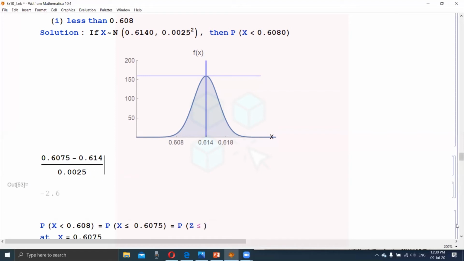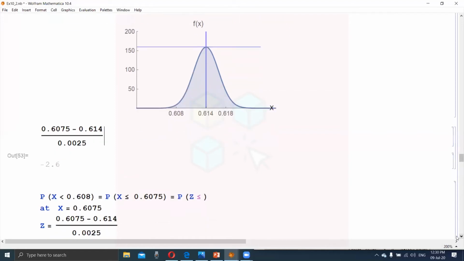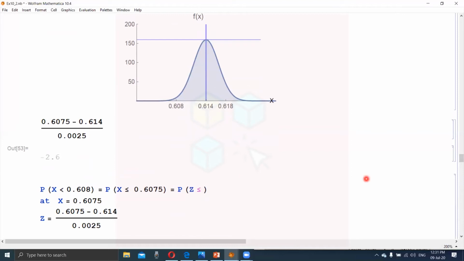So minus 2.6 is on the left side of the mean, because on the Z scale the center is 0. So we write Z less than or equal to minus 2.6.